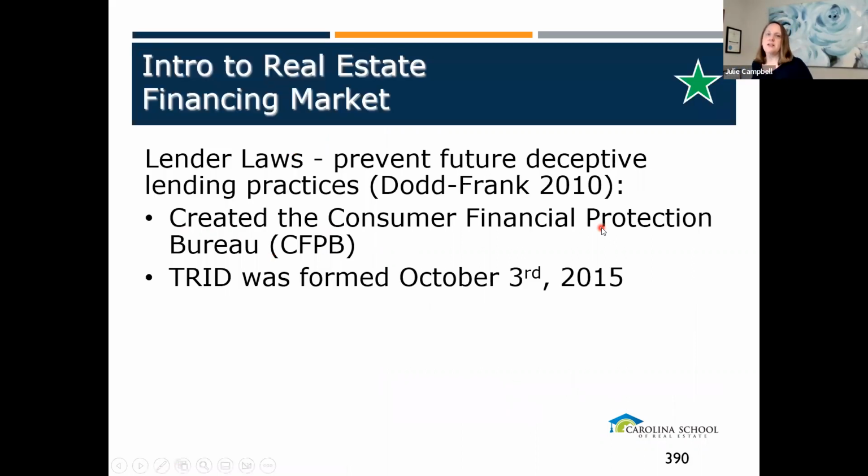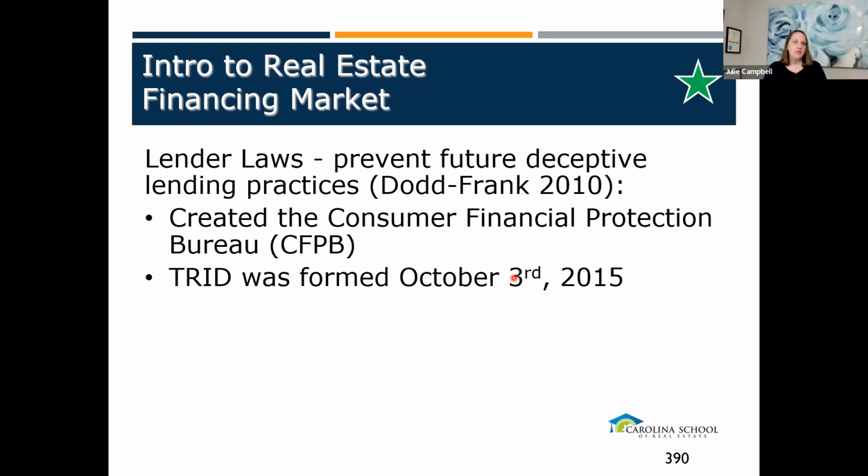So in unit 15, just an introduction to the financing market. We talked last night about the housing market crash. And there's a cajillion theories out there about what went wrong, what caused the housing market crash. And while we're not getting into all those theories, I will say one of the more common theories was fraudulent lending practices.